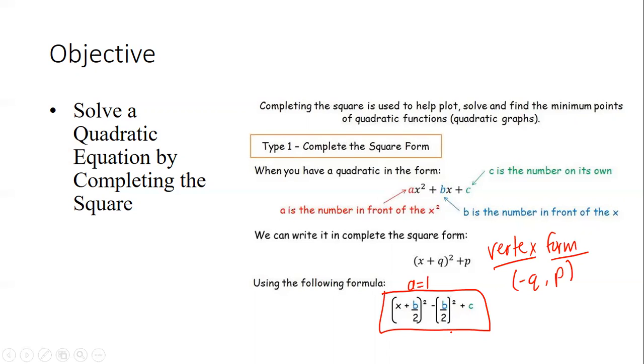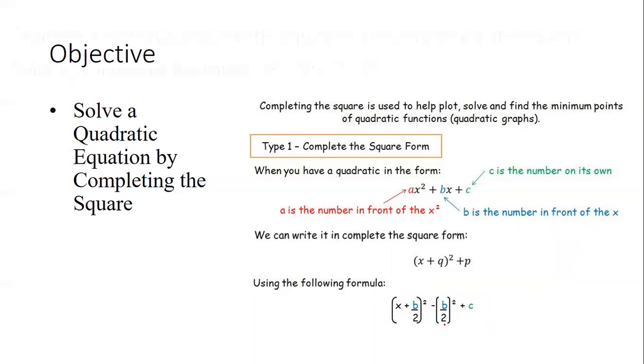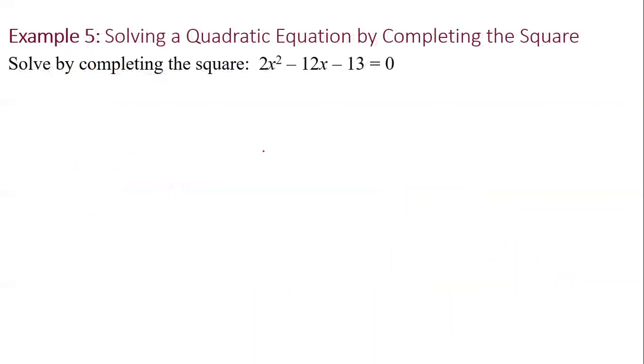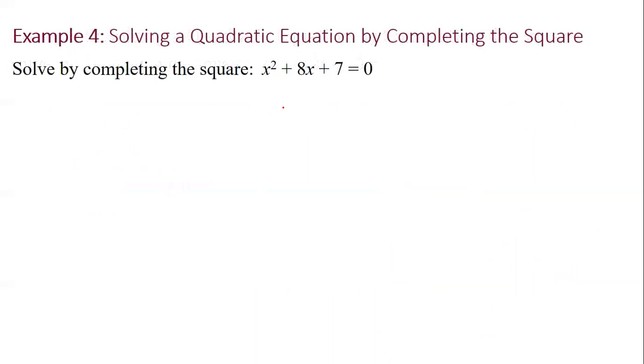Are we ready to use the formula? All right. The first thing we're going to do is acknowledge that we have x squared plus 8x plus 7 equals 0. That means our a equals 1, our b equals 8, and our c equals 7.